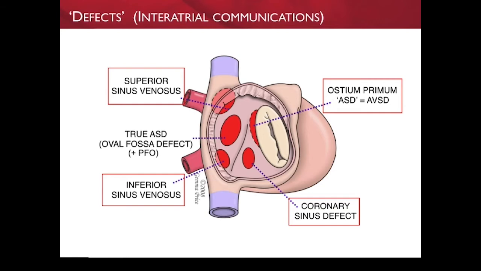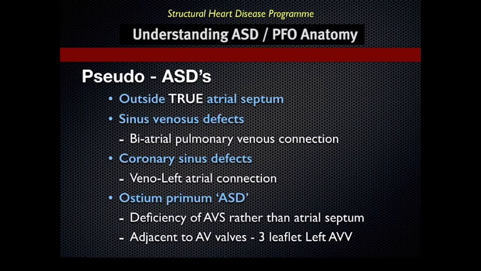So we're going to look at sinus venosus defects, superior and inferior being the types that are classically described. We're going to look at defects within or through the mouth of the coronary sinus, and we're going to look at more anterior defects, which are often termed ostium primum ASD, but in fact are deficiencies of AV septal structures rather than the atrial septum.